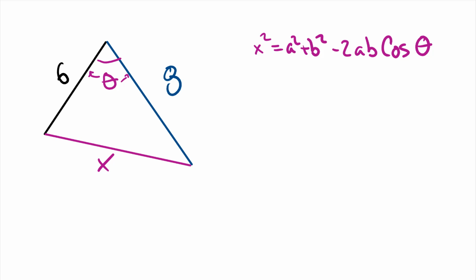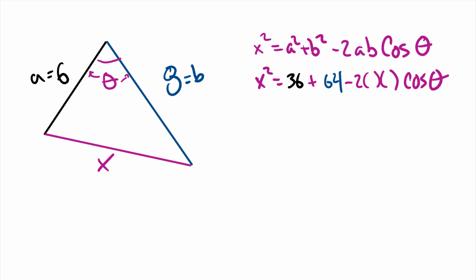Do you mind if we say that a is equal to 6 and b is equal to 8? It doesn't matter which one's which, as long as the angle is in between. So now we can plug this in. We have our x squared, and that's not going anywhere, plus a squared, that's 6 squared, which is 36, plus b squared, that's 64. Then we're left with minus 2 times a times b times cosine of the angle in between.